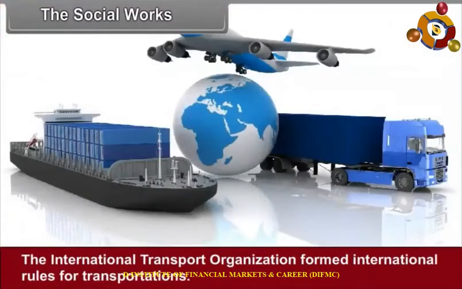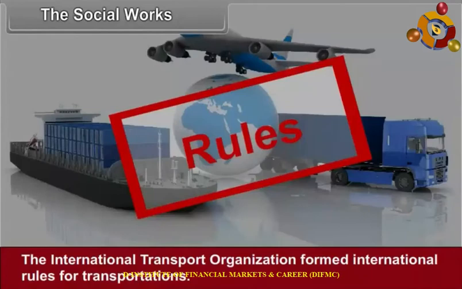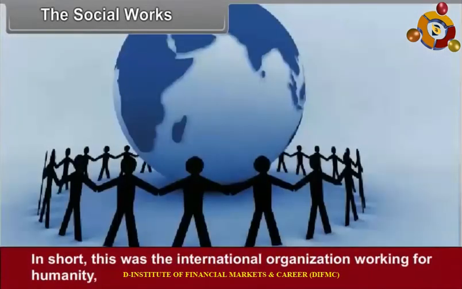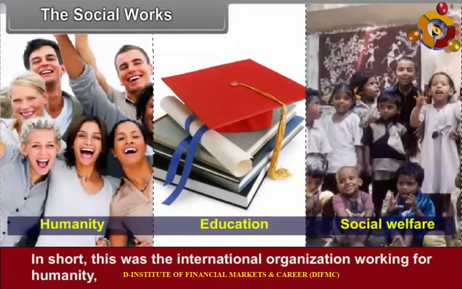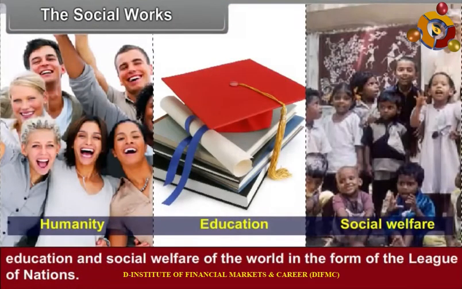The International Transport Organization formed international rules for transportation. In short, this was the international organization working for humanity, education, and social welfare of the world in the form of the League of Nations.